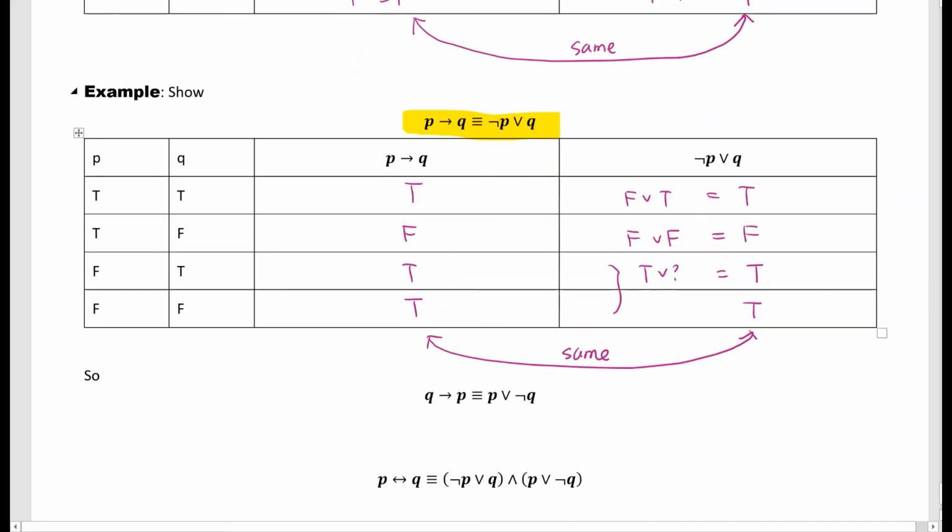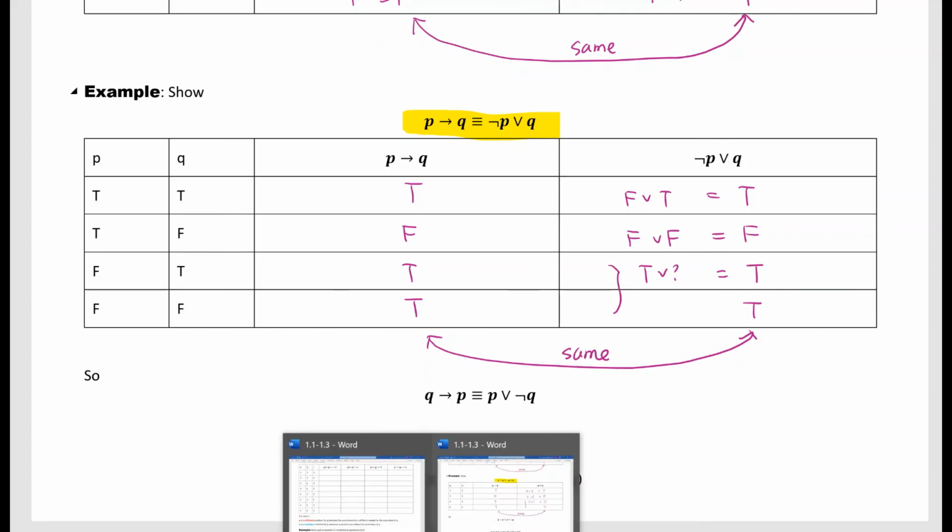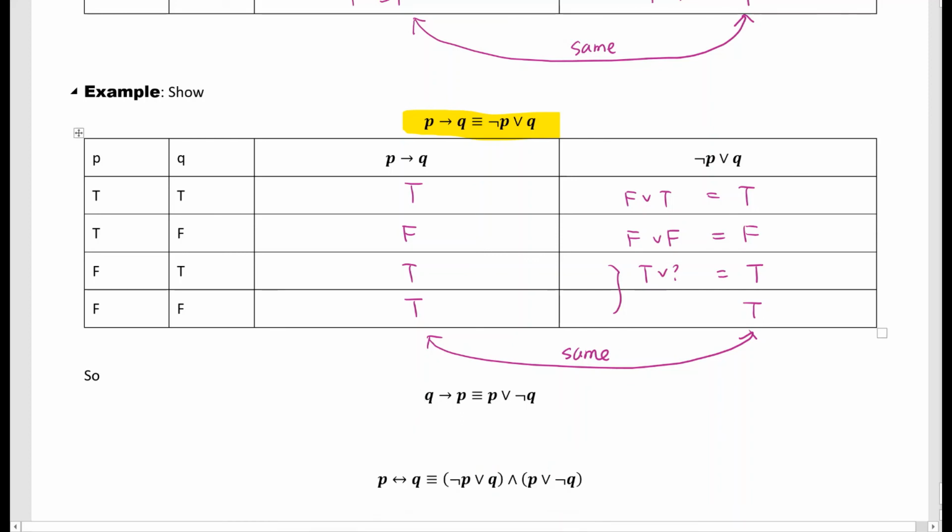Similarly, now we can, because P implies Q is equivalent to not P or Q. Okay, then Q implies P. Well, you simply just switch P and Q positions. Then you can have Q implies P is equivalent to, okay, let me put it down right here.